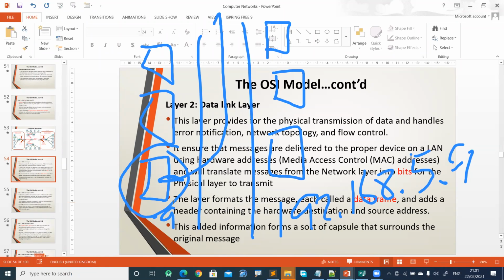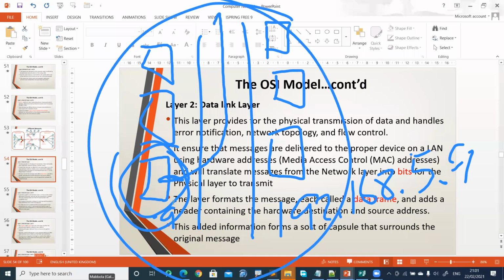The network looks for your location, the neighborhood and the house where you stay. But inside that house, there's you yourself. If you are Mr. Alfred Bill, then in this situation the MAC address is Alfred Bill, your name, which uniquely identifies you.